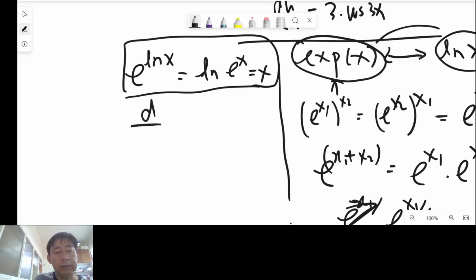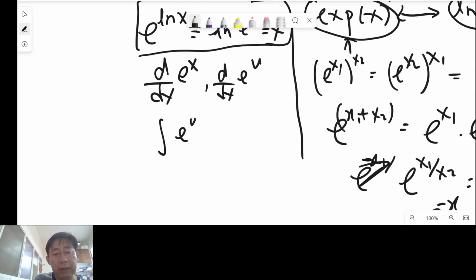Then we also discussed the differentiation of the exponential function and its generalization, which is d/dx of e^u. Then we also derived the generalized integration of e^u, which is equal to e^u plus a constant.